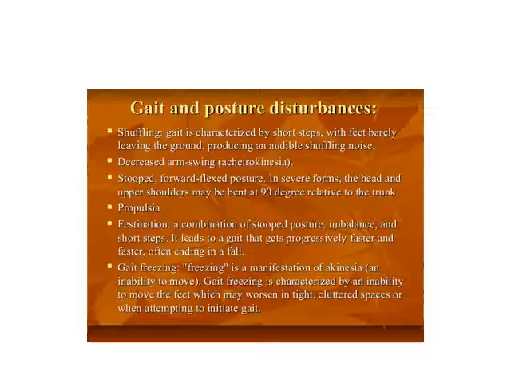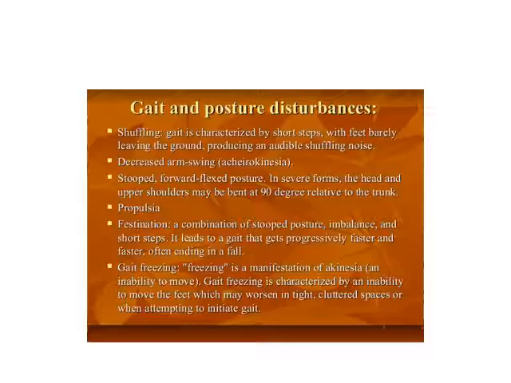The feet are always touching the ground, so it gives us the shuffling noise that we can hear clearly in Parkinsonian patients. So they are short steps with shuffling noise. There is decreased arm swinging, which is the automatic movement that occurs during walking.